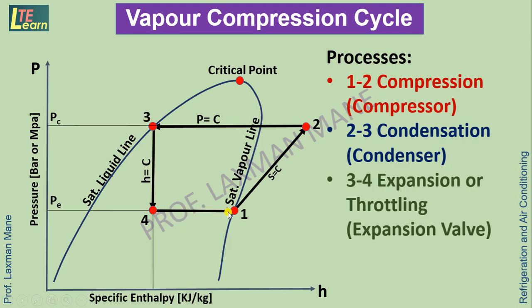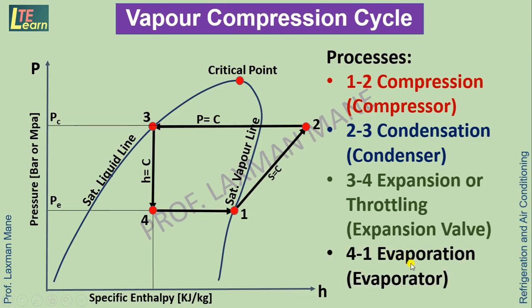Now 4 to 1 takes place in the evaporator, the evaporation process. In this case the cold liquid refrigerant absorbs heat from the space to be cooled, so the enthalpy of the refrigerant increases from point number 4 to point number 1. This is the evaporation process, which takes place at constant pressure.